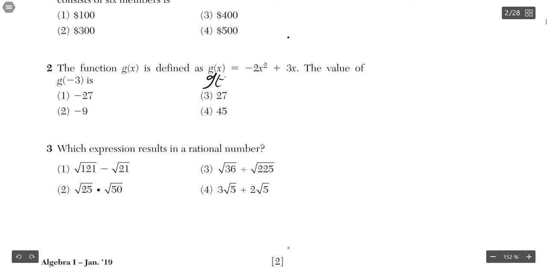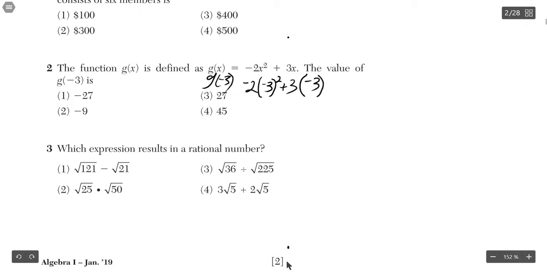So g of -3 is going to be -2 times, plugging in -3 for x, -3 squared, plus 3 times, again plugging in -3 for x, exactly like it is here, just replacing the x with a -3.